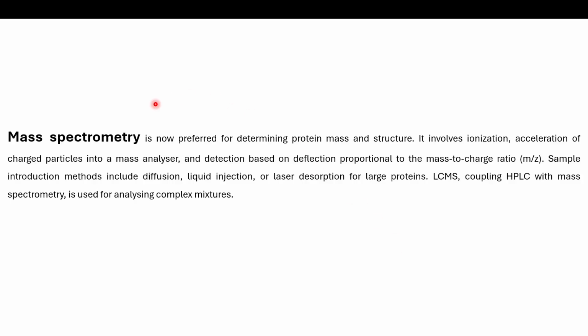And then eventually we have mass spec, which is used to determine the protein's mass and structure. What happens is you ionize the peptide sequence and accelerate these ionized particles through a mass analyzer, and eventually you detect them on a detector.